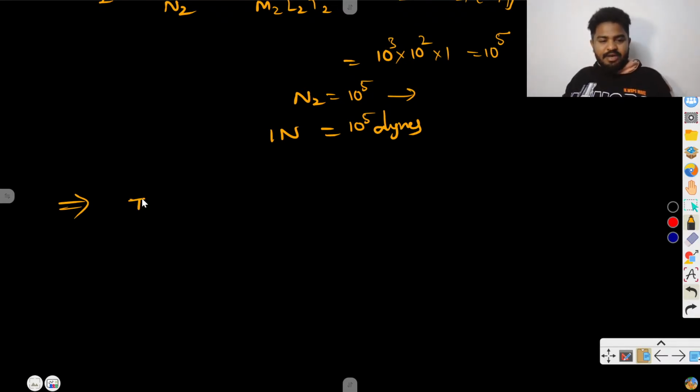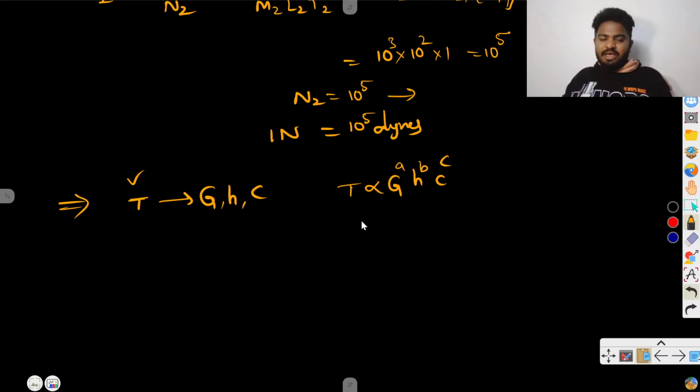Now I want to find out time in terms of the universal gravitational constant, Planck's constant, and speed of light. By using these three terms, I want to find out a formula for the time. So I can tell that t is directly proportional to G to the power a, h to the power b, c to the power c.